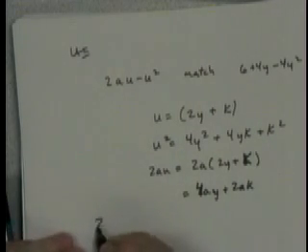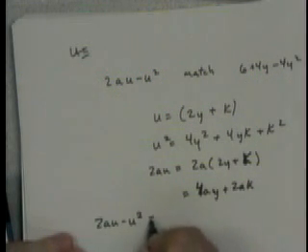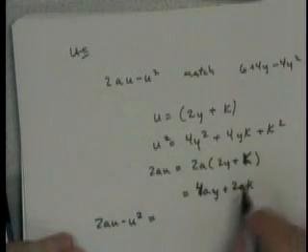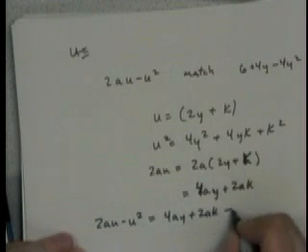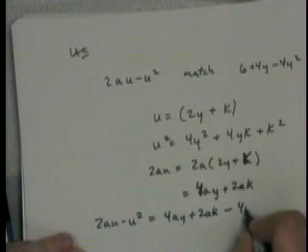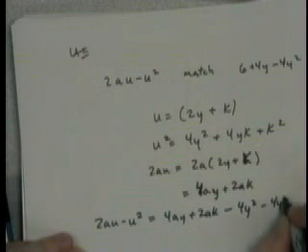So then 2AU minus U squared is going to be this one minus that one. It's going to be 4ay plus 2ak minus 4y squared minus 4yk minus k squared.